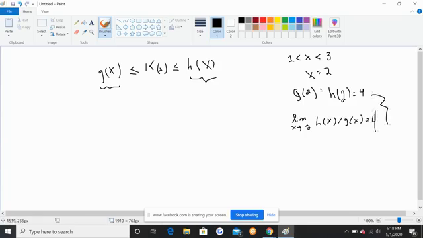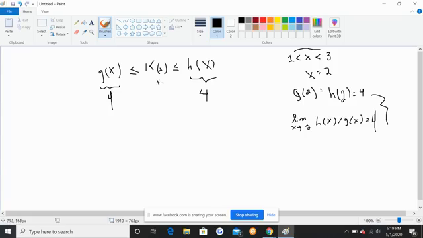So the limit of g of x is equal to 4 at x of 2, which is between x equals 1 and x equals 3, which is our condition here, right? And this equals 4. Well, it says that k of x is greater than or equal to g of x, right? But h of x is also 4. So it's not going to be greater than g of x, because then it would have to be less than h of x, and it would have to be 4, right?